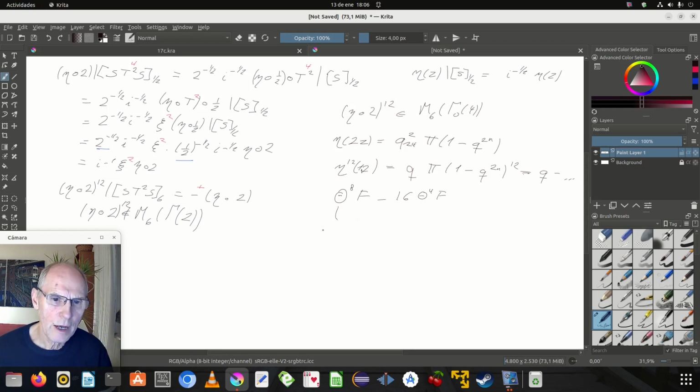So this one goes like 1 plus 8q, that needs to be squared. And f, that's q times 1 plus 4q squared. Then minus 16, and then this is q squared. No, that's 1 plus 8q. And then it's f squared.